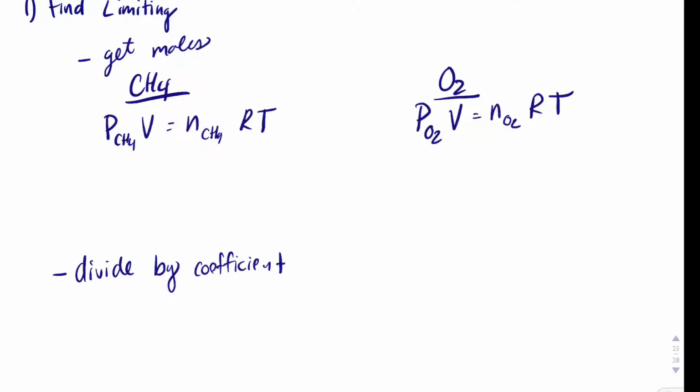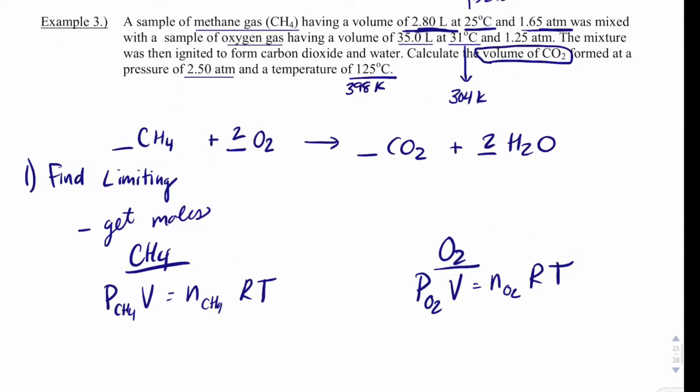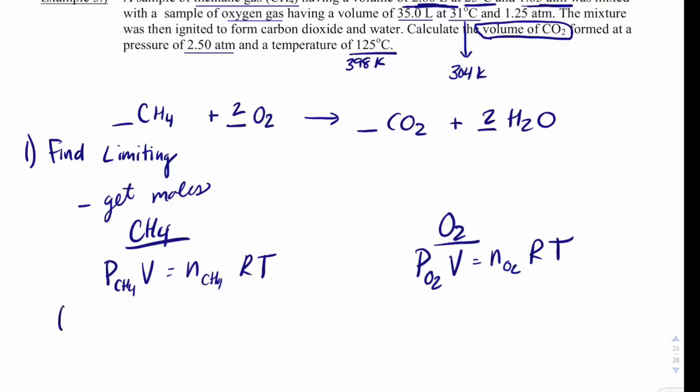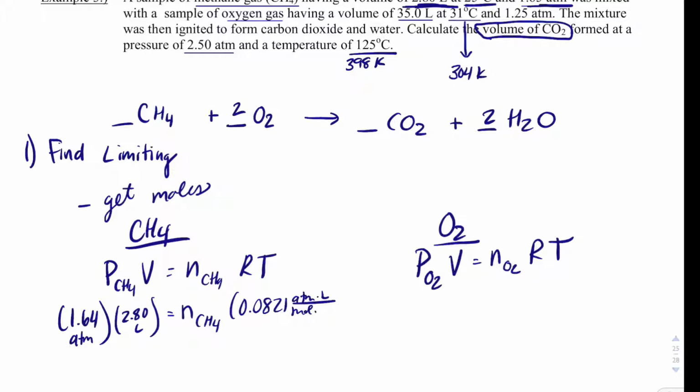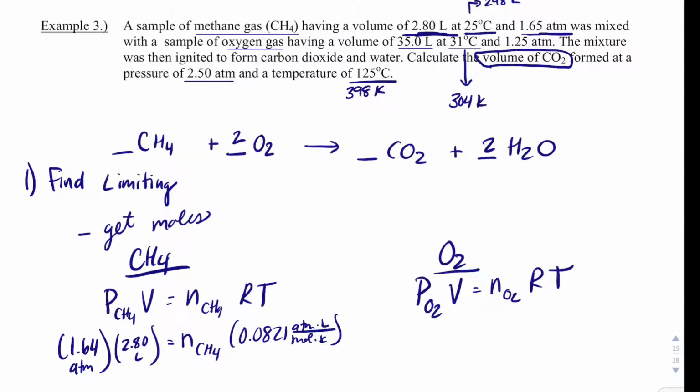Okay, so I need to plug in some things here. The pressure of CH4 is 1.65 atm. The volume is 2.80 liters. The moles of CH4 is what I'm trying to solve for. R is 0.0821 atm times liters divided by moles times Kelvin. And then the temperature is 298 Kelvin.